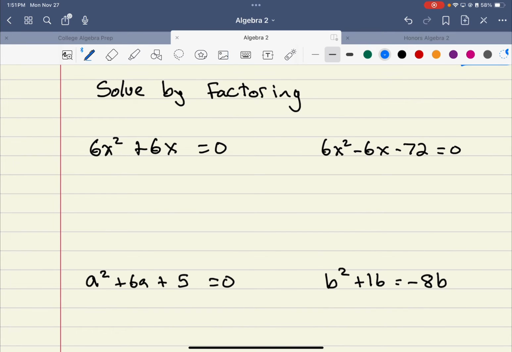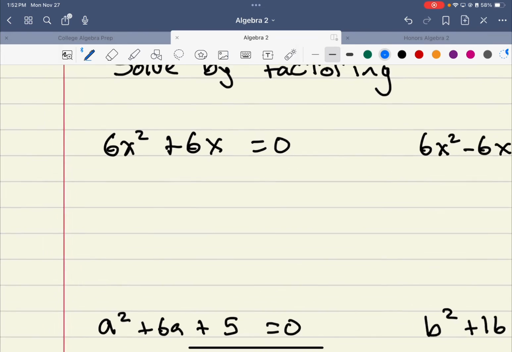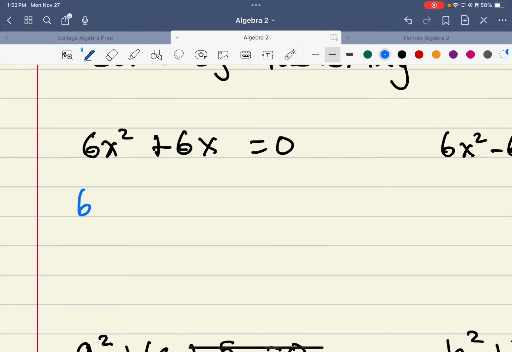So the first one, 6x squared plus 6x equals 0. Now I can't stress enough, first thing in factoring, always take out a GCF. So what's a GCF for 6x squared and 6x? 6x.